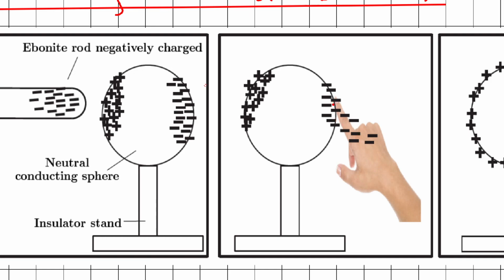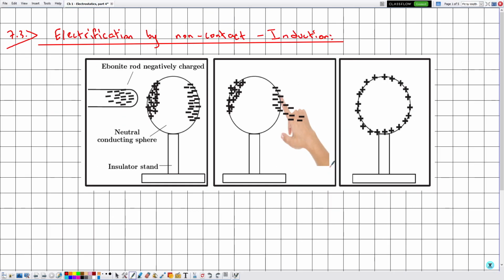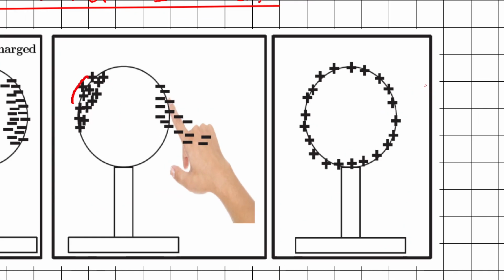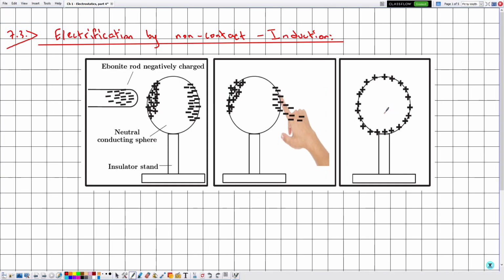By touching this location, which is the extreme opposite of the ebonite rod, all the electrons will escape across our body, since we are considered a conductor. Now the positive charges that are located here will experience a force of repulsion, similar to the transient and static state, and the positive charges will be distributed along the outer surface. Okay, so this is basically the electrification by non-contact, which is induction.